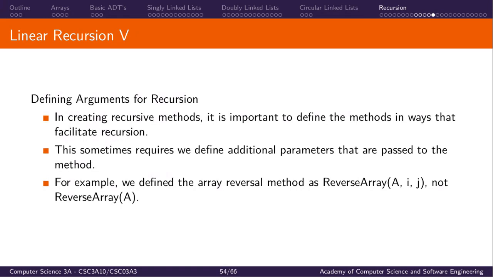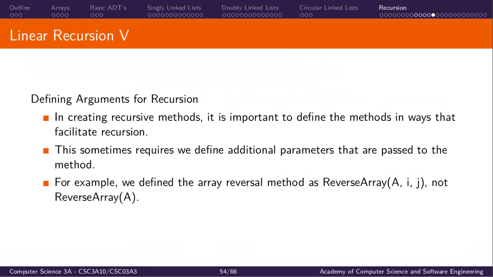So we saw some interesting things. For our factorial function, we had a single parameter n, and each time we called our function recursively, we would reduce the size of n to move towards our base case.